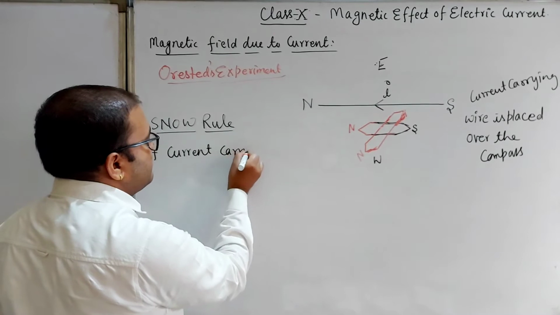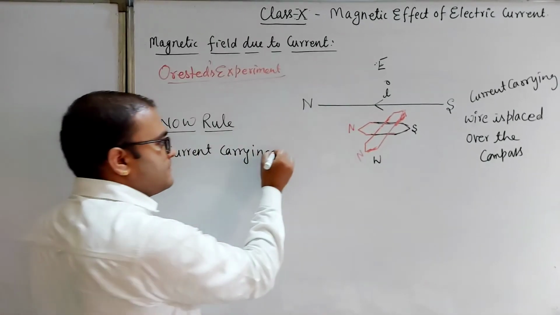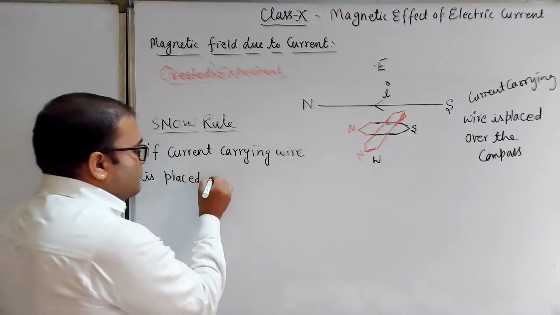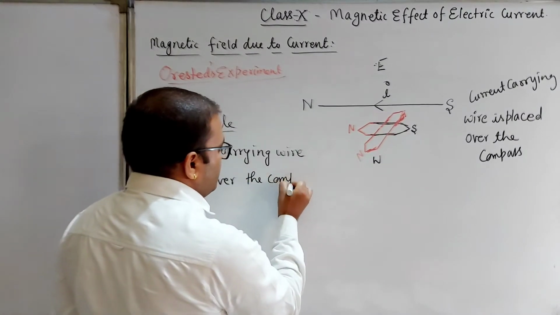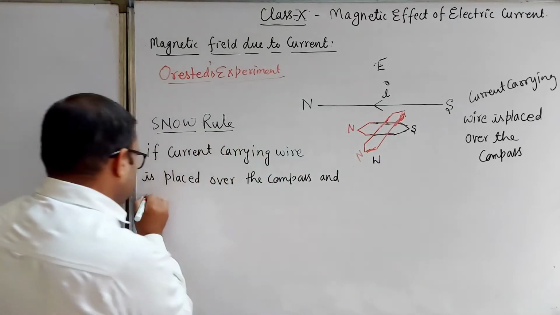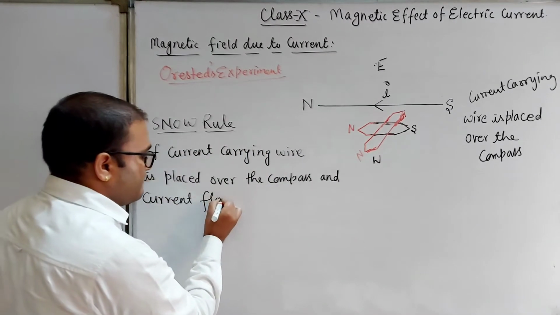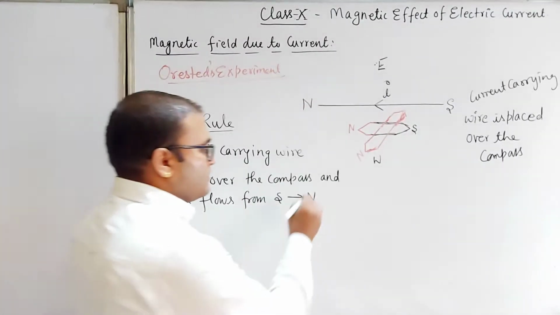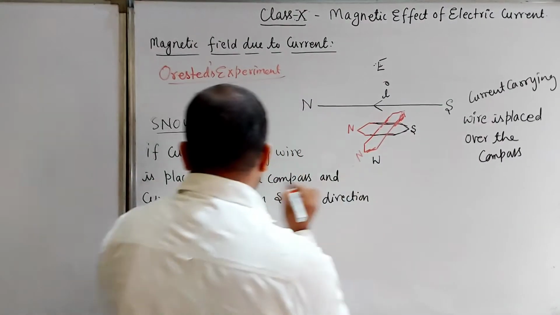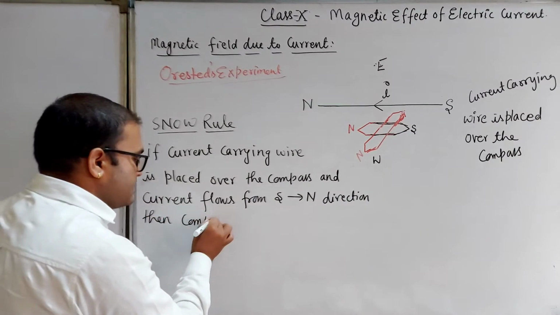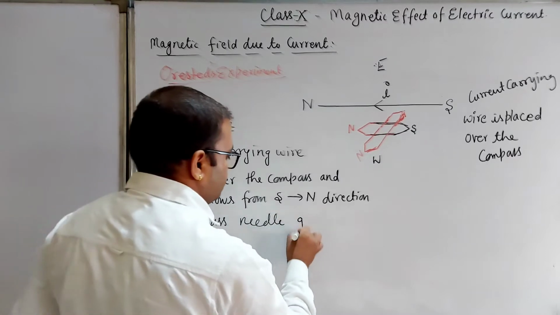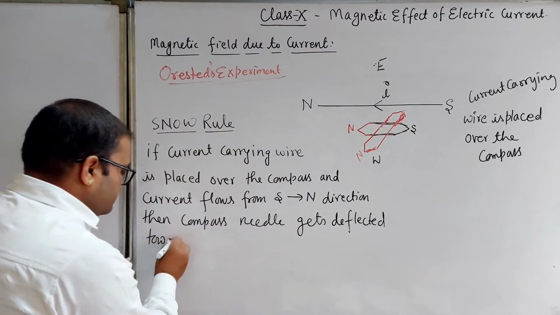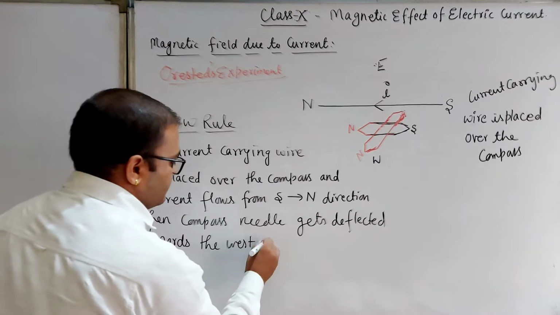SNOW means, if a current carrying wire is placed over the compass, and current flows from south to north, S to N meaning south to north direction, then the compass needle gets deflected towards the west direction.